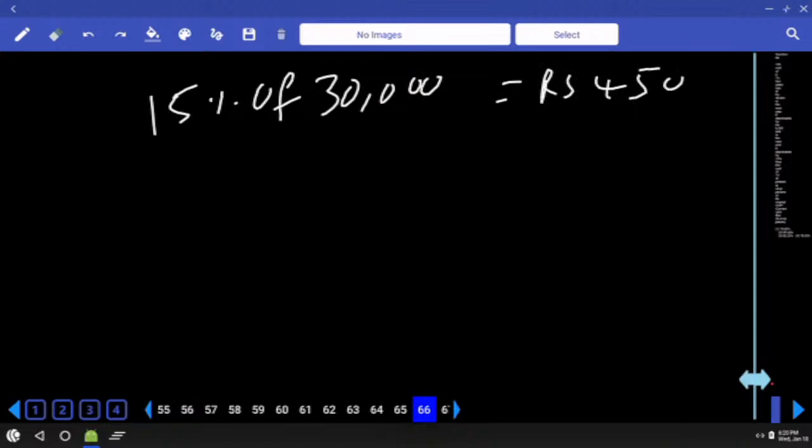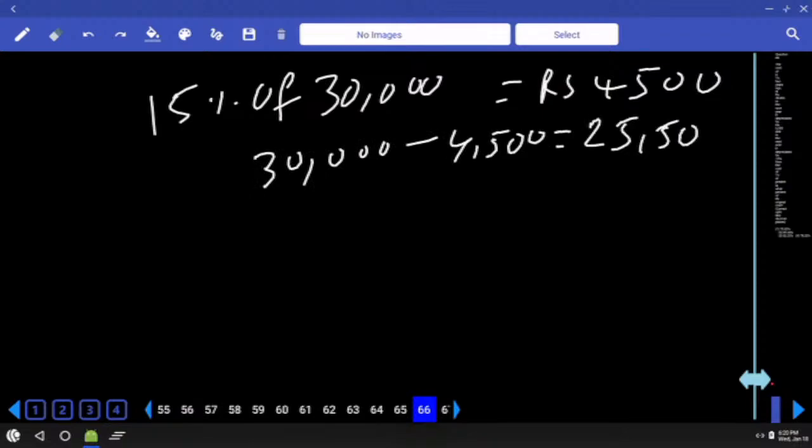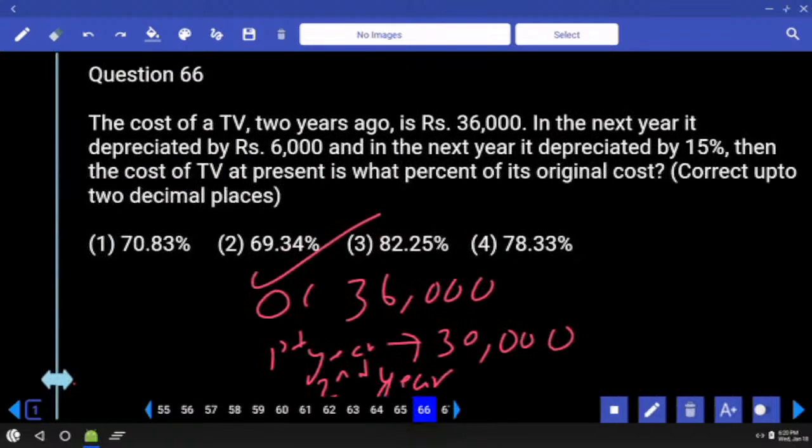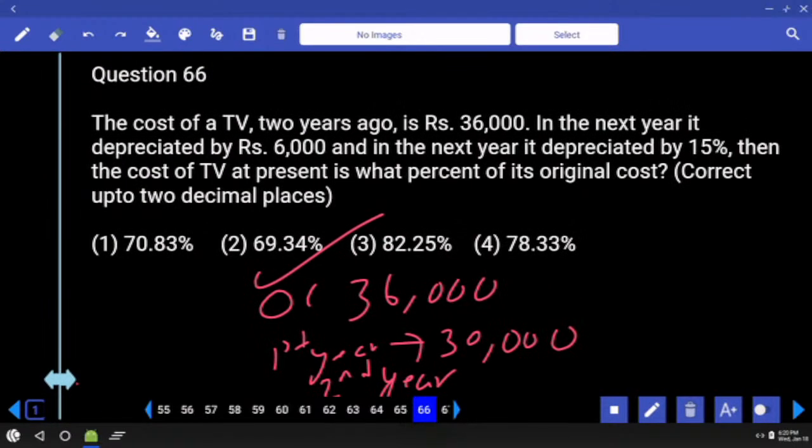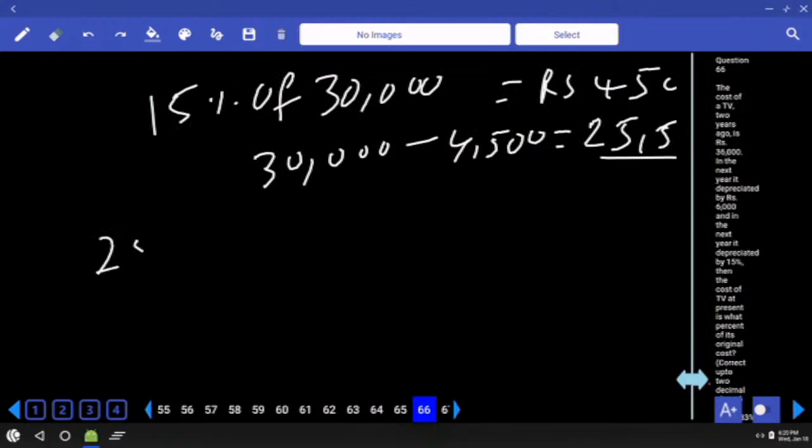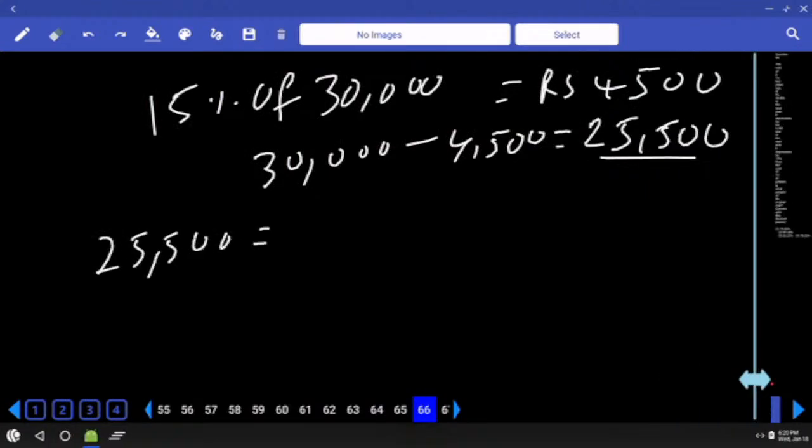Now, what is the depreciated cost now? 30,000 minus 4,500. How much? 25,500. Yes or no? Now it is asking the present cost is what percent of the original cost? The present cost is 25,500, equal to what percent of the original cost?